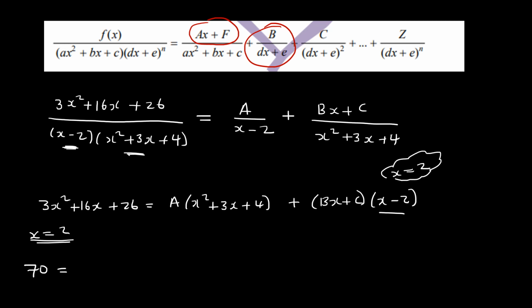Okay, let me see. I'll copy it also. Yeah, it's correct. If we substitute at a, 2 squared plus 3 times 2 plus 4, we're getting 14. So now solve for a. 70 divided by 14 is 5. So our a is 5.